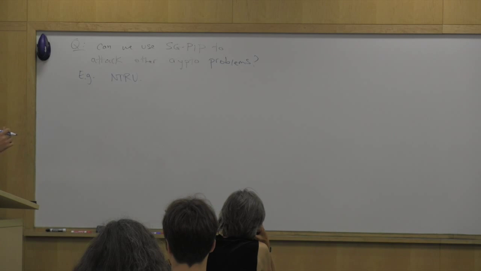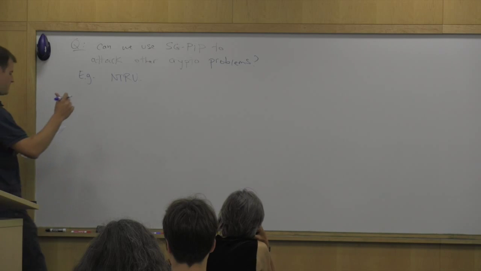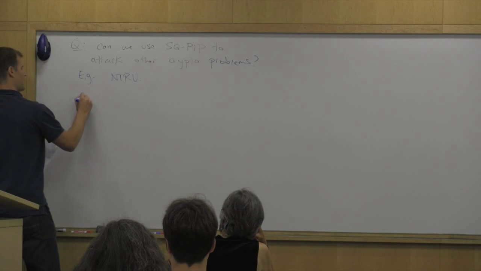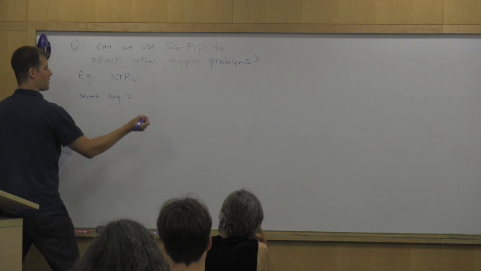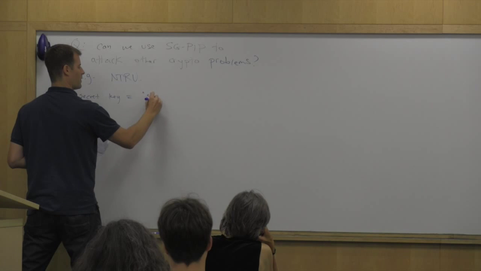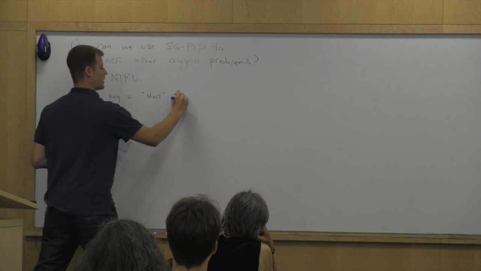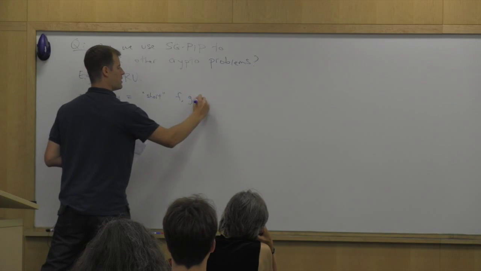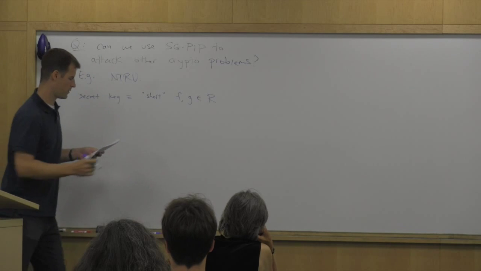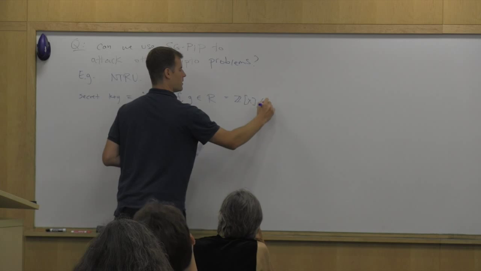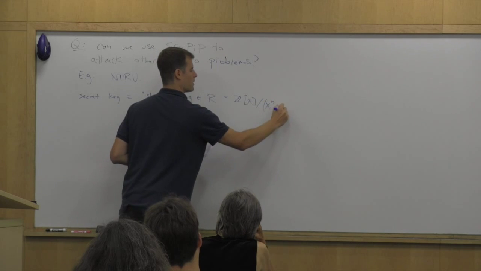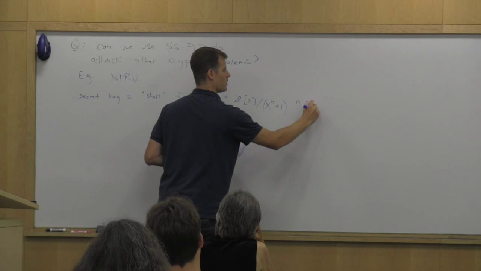Okay, so here's the very briefest description of NTRU possible. Our secret key will be some short f and g in the ring R. As usual, our ring will be the cyclotomic ring with n a power of 2.